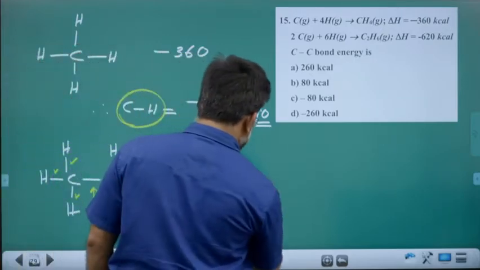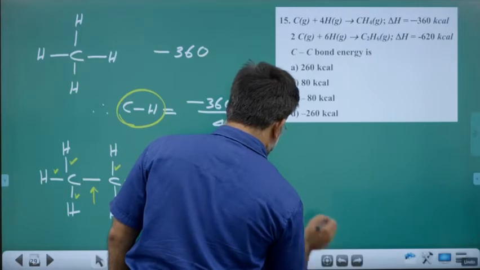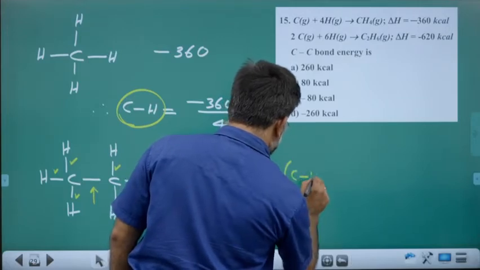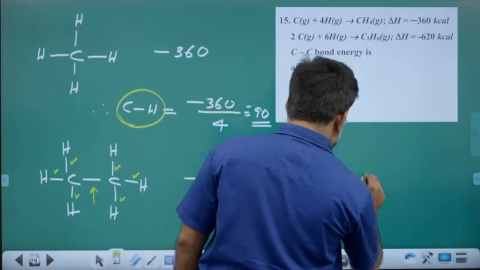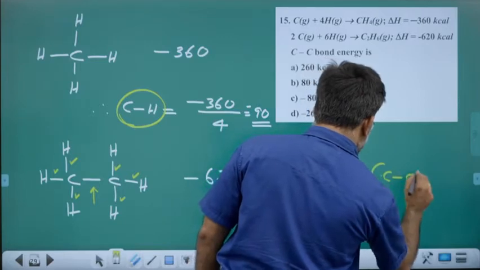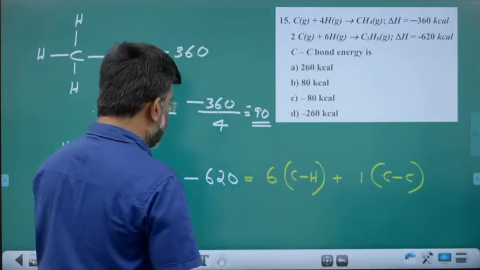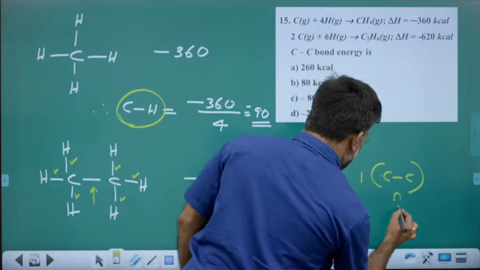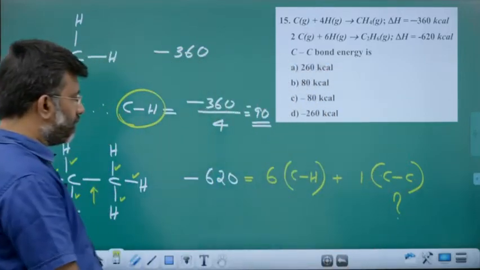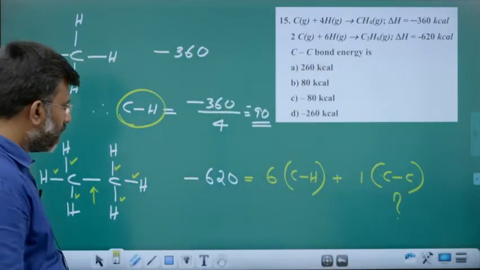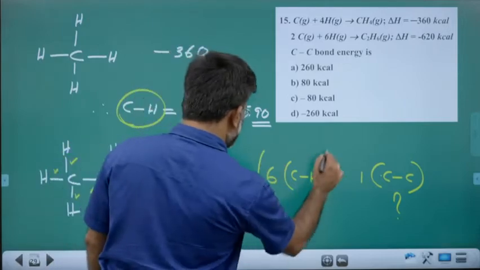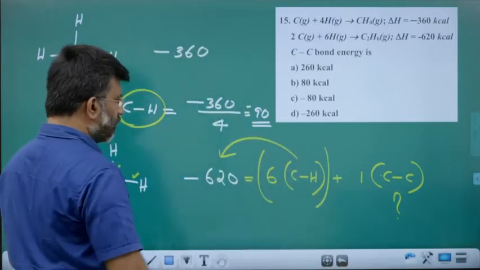You see that? What we need to find out is, what is the carbon carbon bond energy? Simple. This you subtract from this, you get your answer.